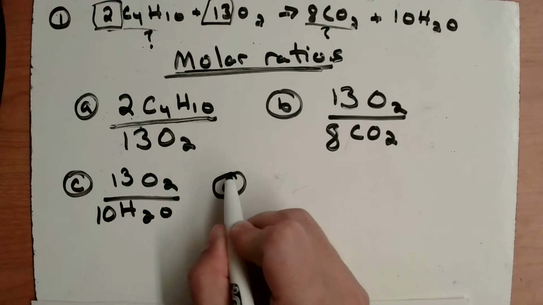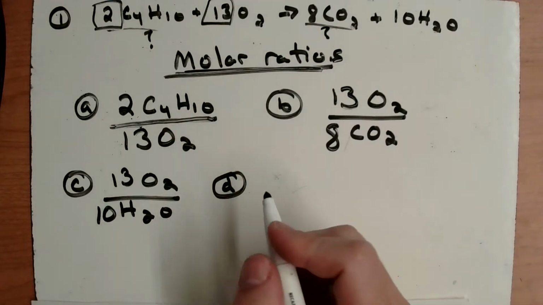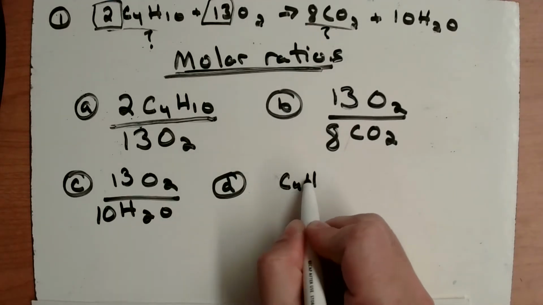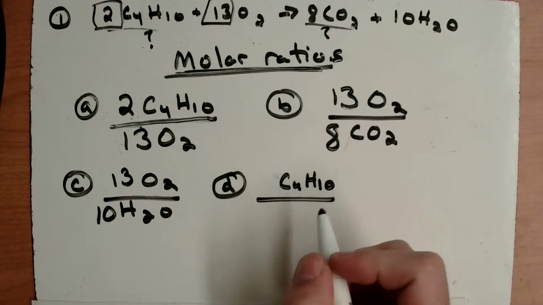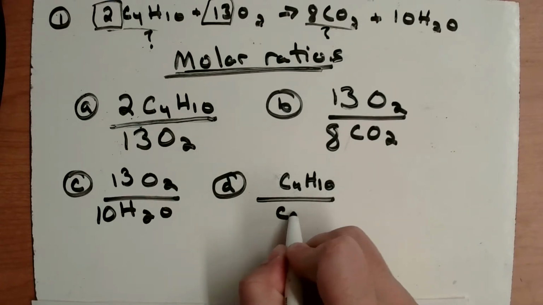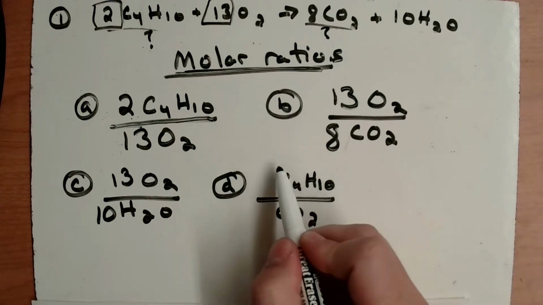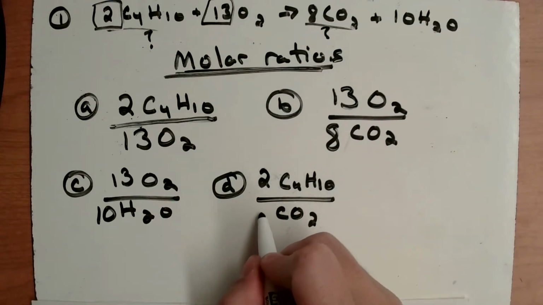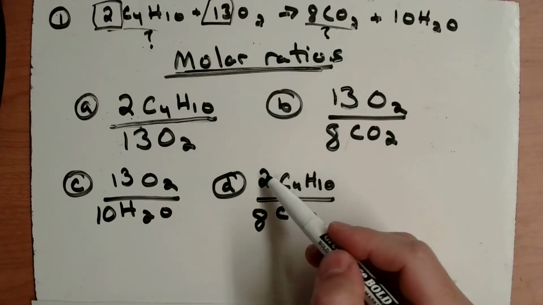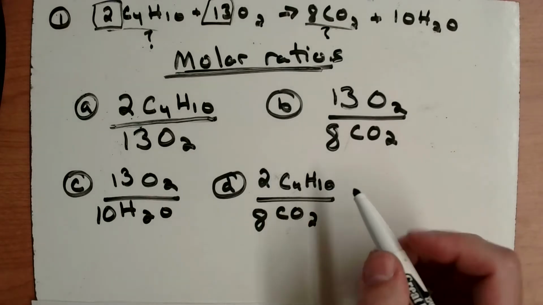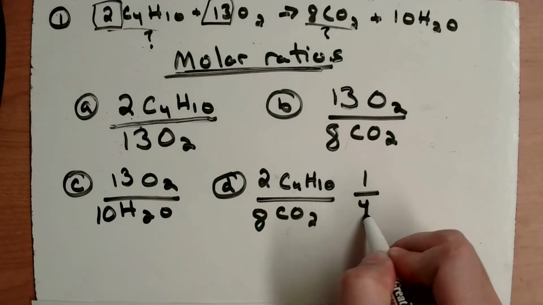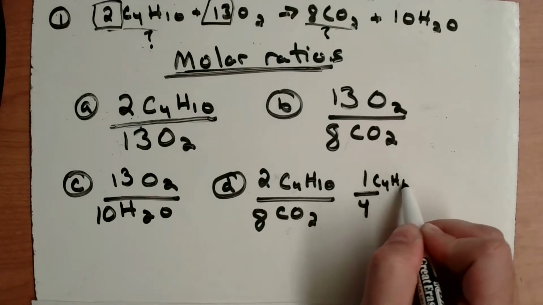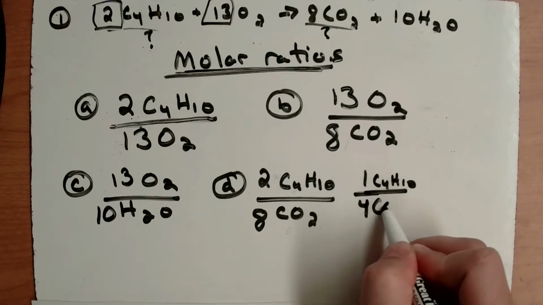Letter D says C4H10 for every CO2. So it's 2 C4H10 for every 8 CO2. Now you'll notice that this is 2 and 8. We can reduce that to 1 over 4. So 1 C4H10 for every 4 CO2.